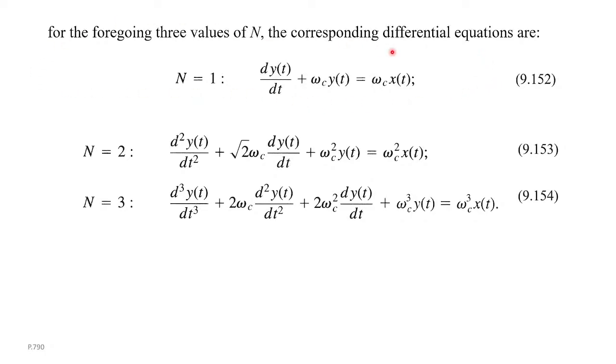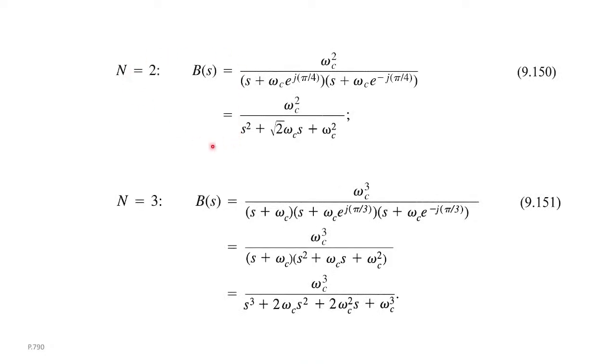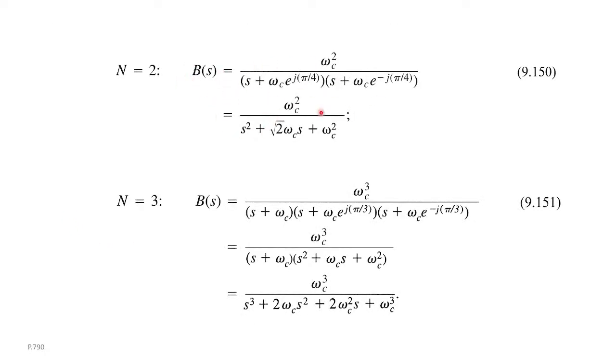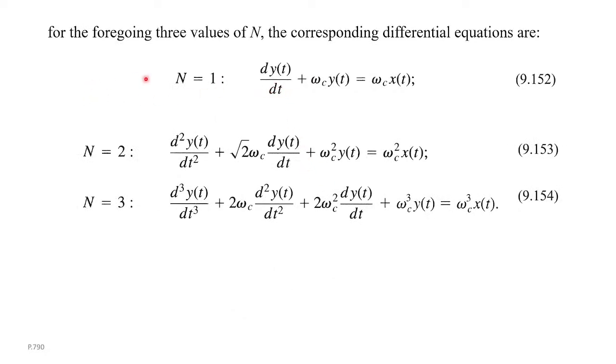This will also be nice for how you design your filter, because you probably want, say, an electrical circuit that will give you the system function, and the first step to do that is to write down a differential equation corresponding to the system function.